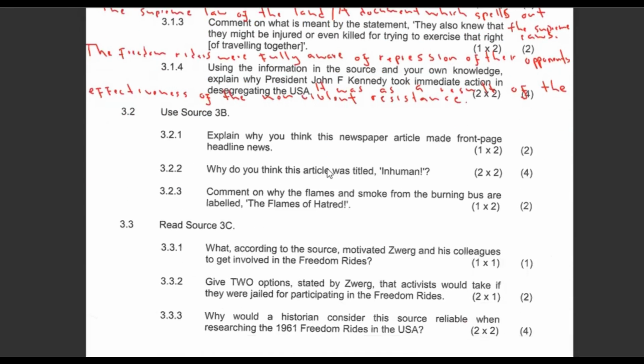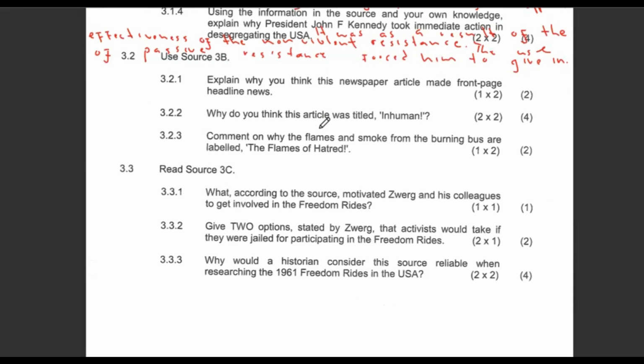So you can indicate that the use of passive resistance caused him to give in. The effective use of passive resistance actually forced him to give in to the demands of the Freedom Riders. Moving on to the next question.